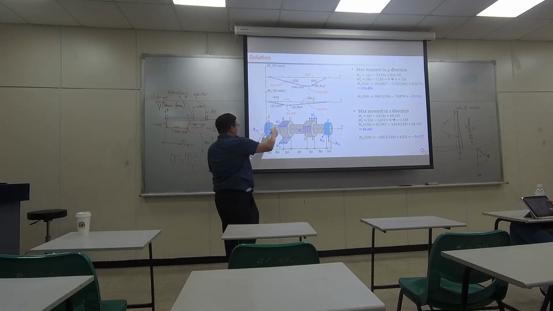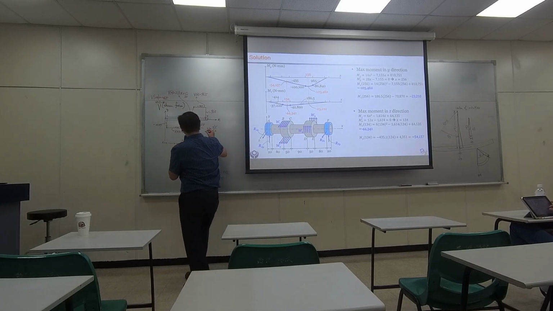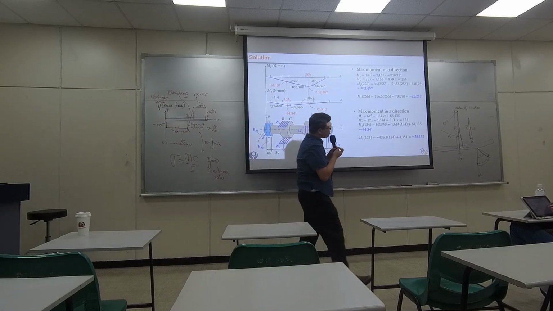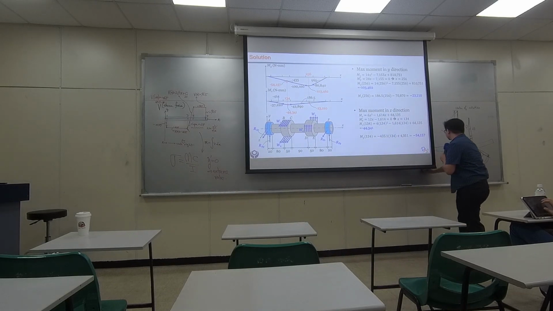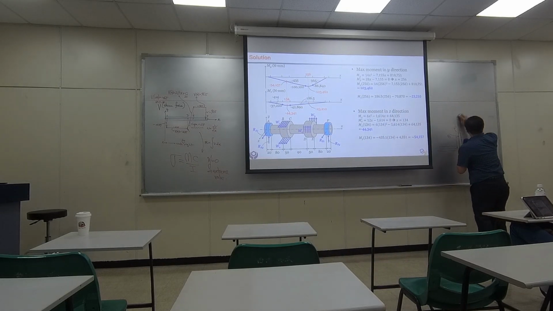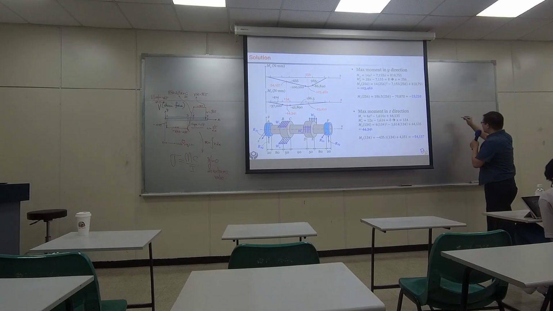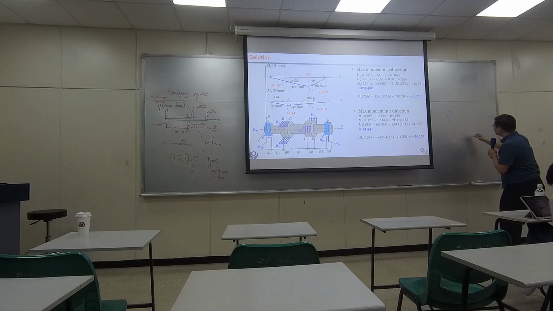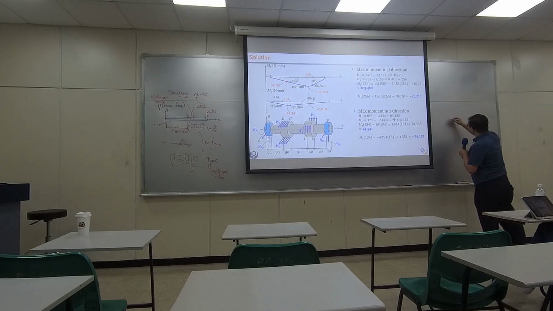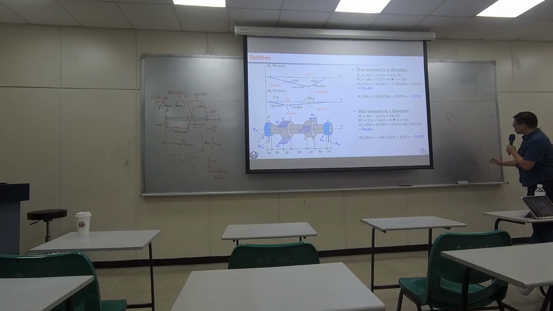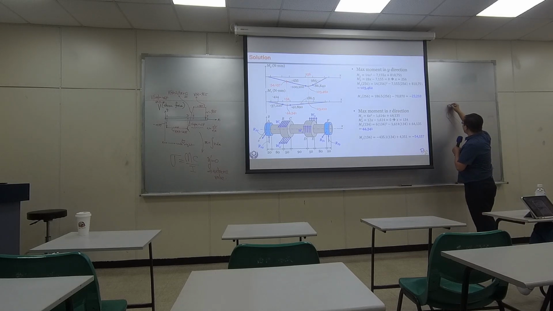So if you take a look from the side, it's like this. If this is the cylinder, and this is your x, this is your y, and this is your z.